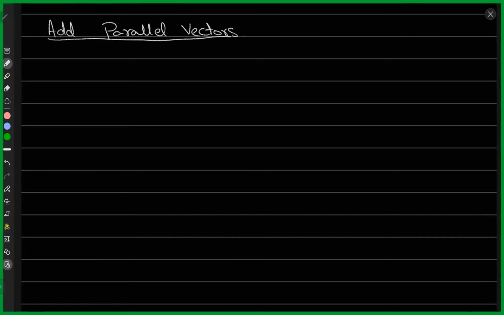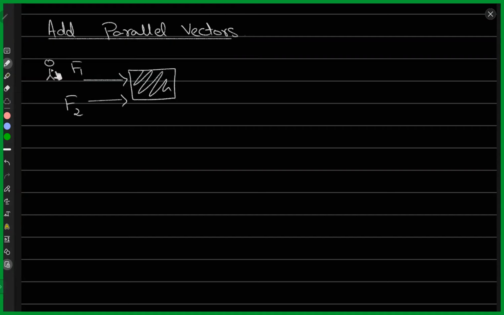Suppose that I have two vectors. Let's consider an example of a block. And suppose I apply a force on this block, F1, and another person comes along and applies another force, F2. So person 1 applies this force and person 2 pushes the block with some other force, F2. Both are pushing this block from the same side. Whatever the resultant force this block would experience is some Fr.